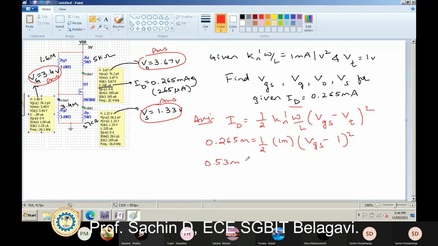Yeah, I'll take 2 to the left-hand side. It is 0.53. So it is 1 milli, so VGS minus VT whole square. Milli and milli will get cancelled. So square root of 0.53 is 0.728. So it is VGS minus VT.